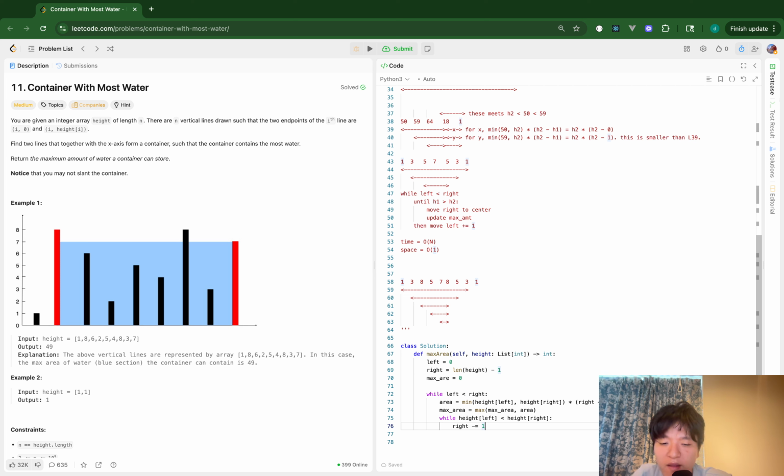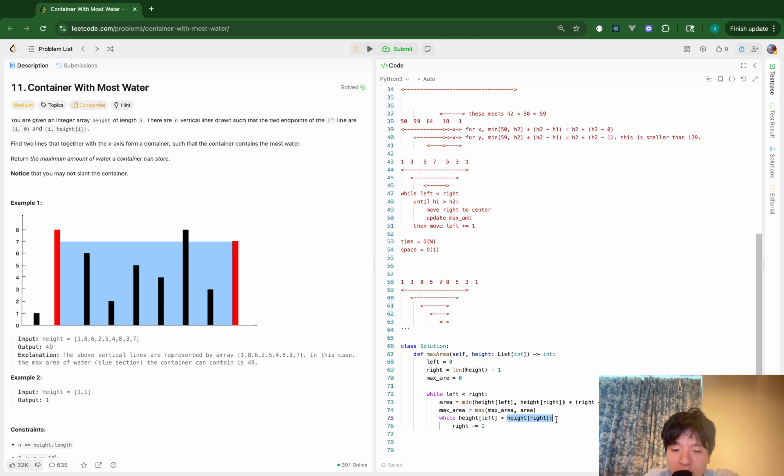Okay. Then I move the right pointer. Then I have to calculate the area. No. Wait. So. No. This should be this.